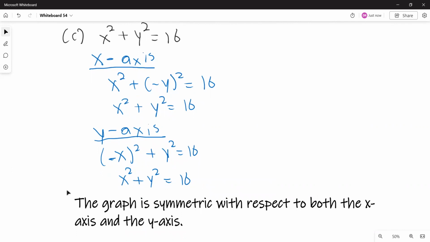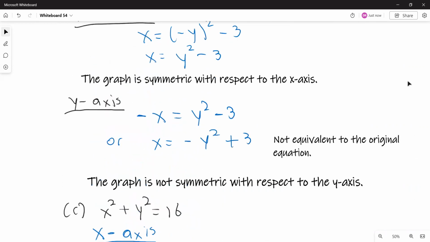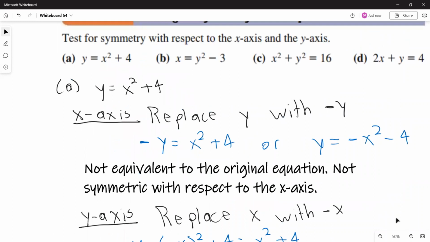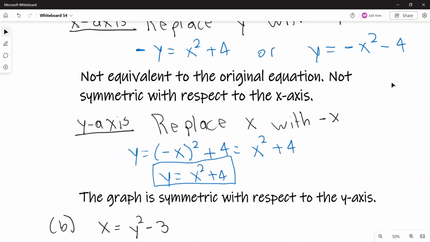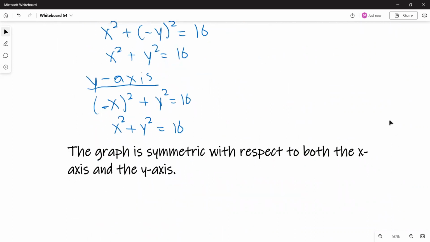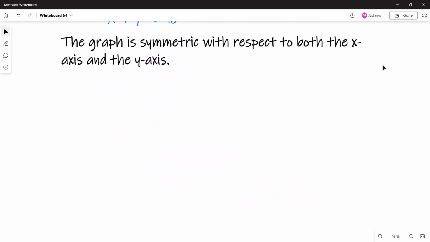In part D, the equation is 2x plus y equals 4. So let's test for symmetry.